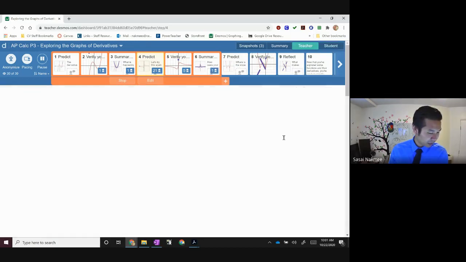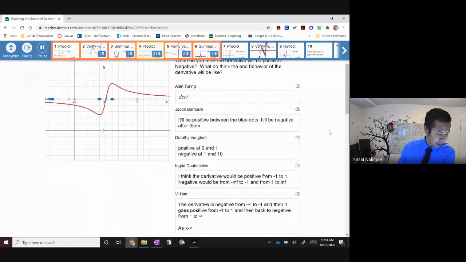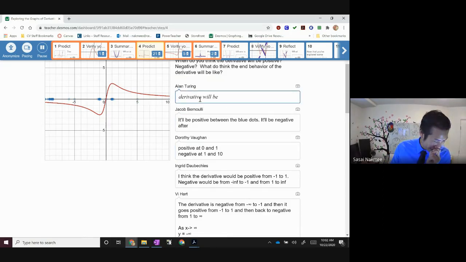I'm going to go back to these answers here, though. Let's see here. The word you're typing out is coming out super fancy, whoever it is, Alan Turing. Derivative will be... Are you typing with the digital keyboard that's on here?